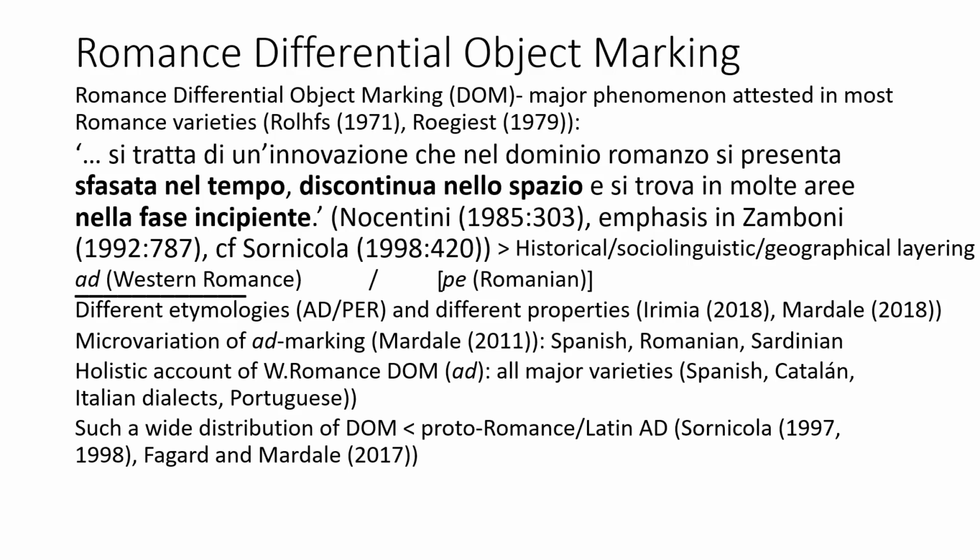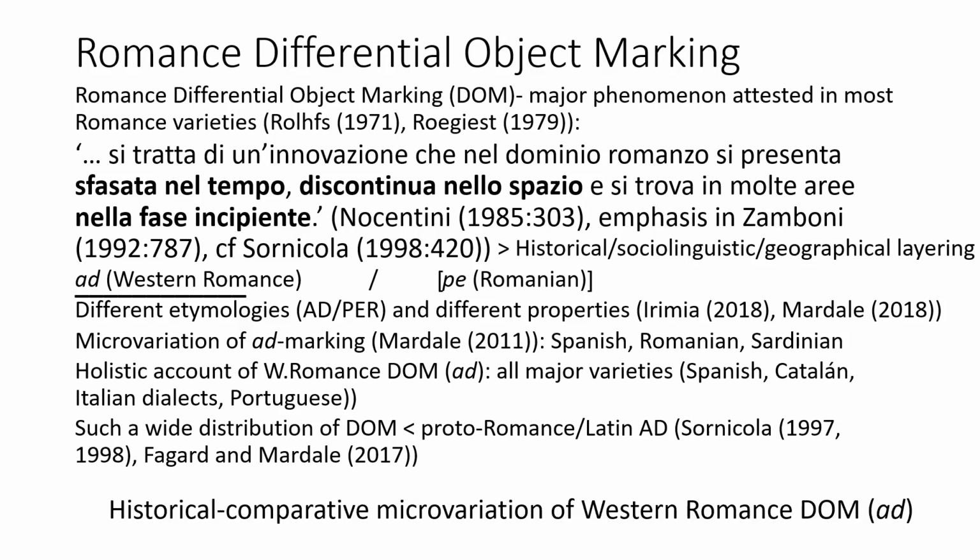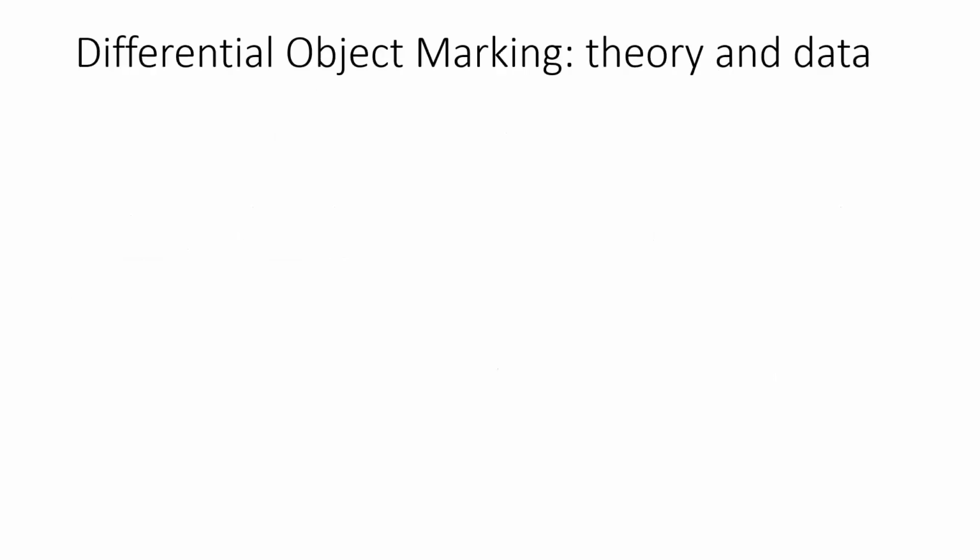Such a wide distribution of ad also entails that it goes back to Proto-Romance and Latin, as people like Sornicola, and more recently Fagard and Mardale, have shown. So what I propose to do today is to look at the historical and comparative micro-variation of Western Romance DOM, focusing on this morpheme ad.